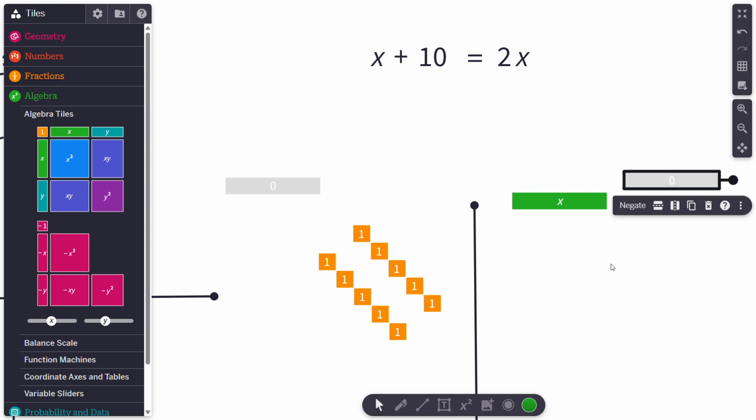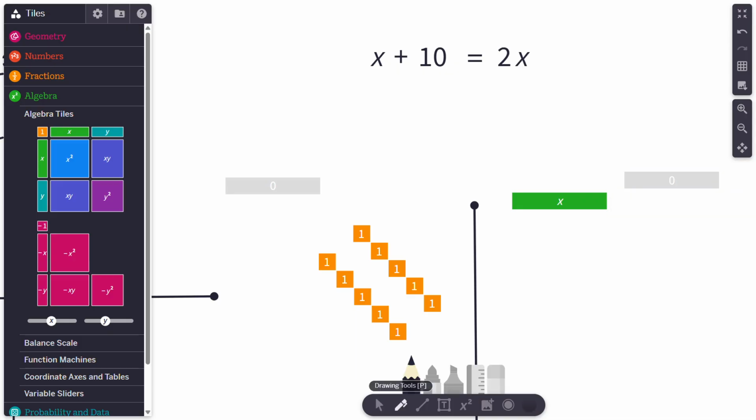So now we're left with x on that side equals 10. Look at that. That's a super easy one. We are moving on to the next one.